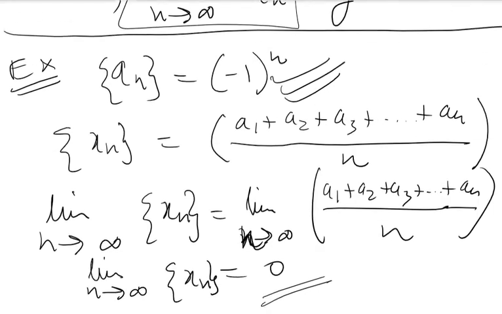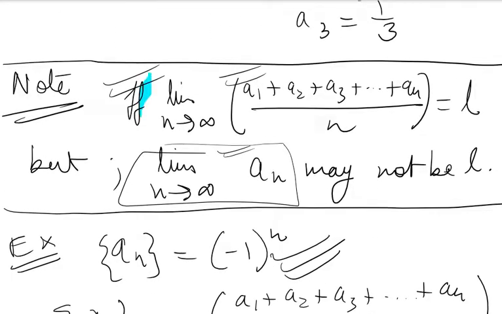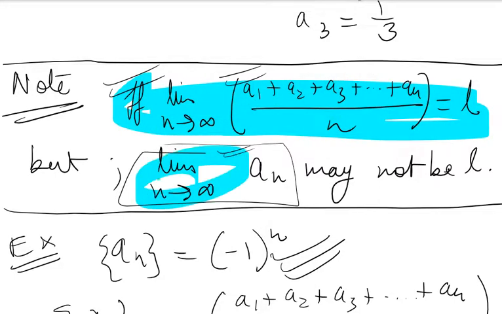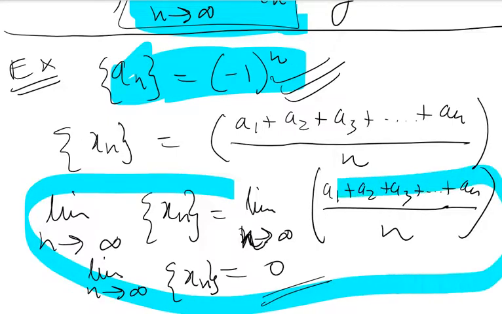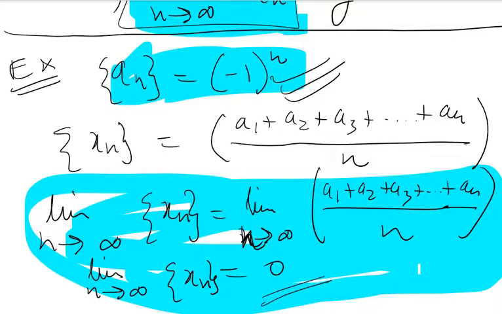It says that if this whole summation is converging to L, not necessary that an will also converge to L, or converge to anything. It can converge but not to that. So you can see this is not a convergent sequence while this is converging to 0. Very nicely and easily done for you.